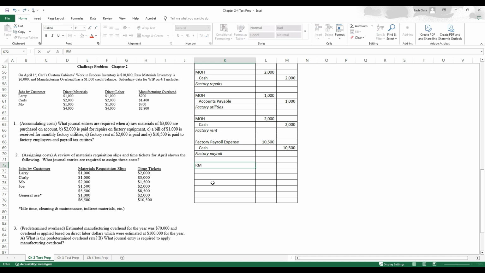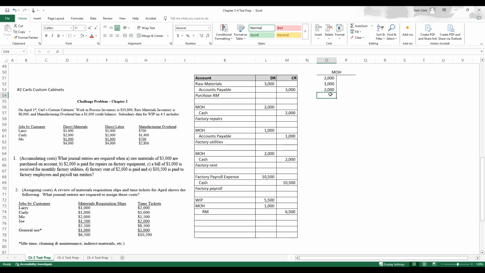I'm just going to do WIP, and then RM for raw materials, and overhead. And so we're going to be taking 6,500 total out of raw materials, with 1,000 of that going to overhead, and 5,500 going to, as you can see here, the jobs.